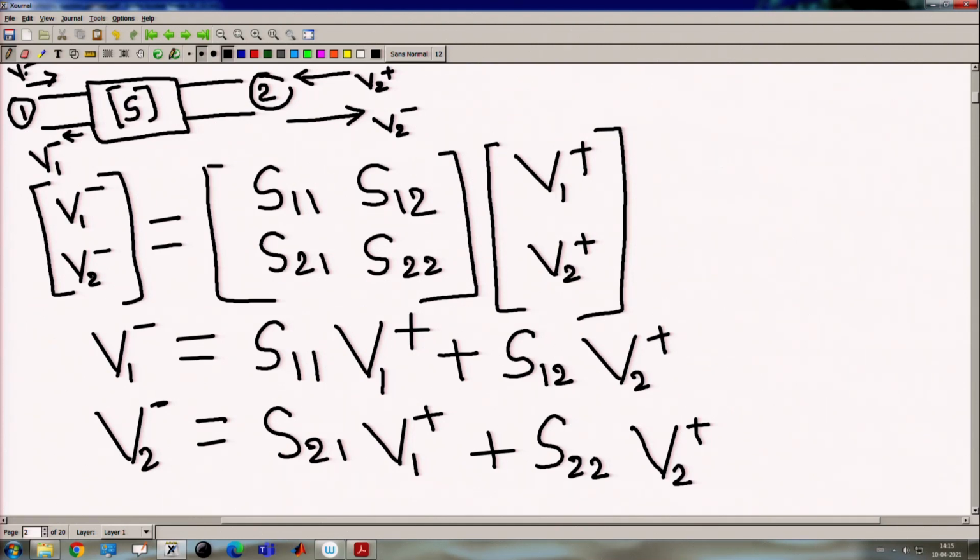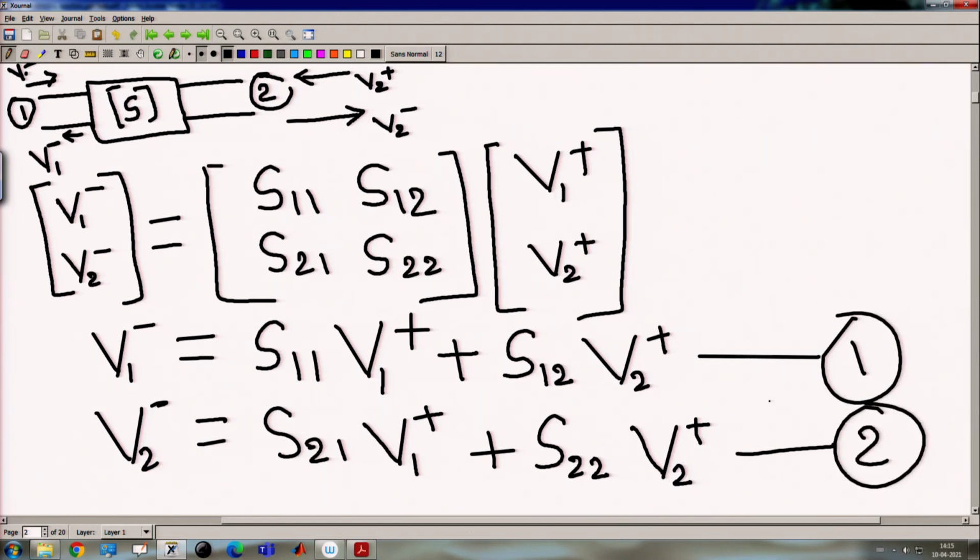So, to find S11 from these two equations, we can write S11 equal to V1 minus divided by V1 plus when V2 plus equal to 0.